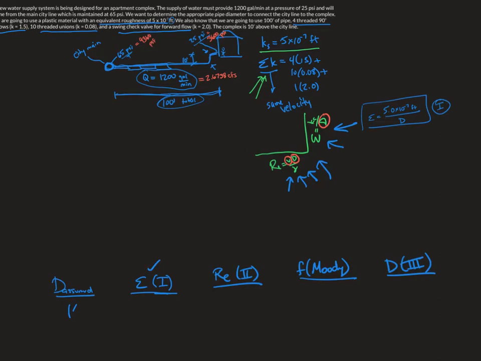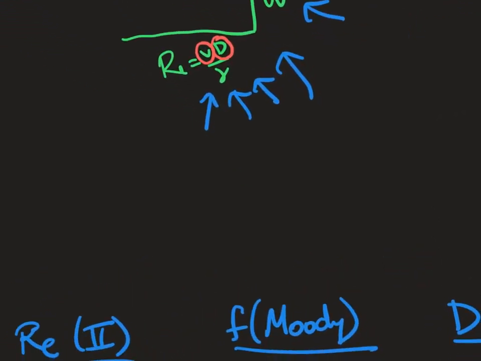Now I need a Reynolds number equation, so we're going to zoom in down here. Reynolds number equals, well, we want this in terms of D, right? So that V we're going to write as Q over the area, but it's a pipe, so we'll do pi D squared on 4. So that's V times D divided by nu. If we rearrange, we're going to end up with a 4QD over pi nu. I think this is almost the exact same equation we got for the problem in class.